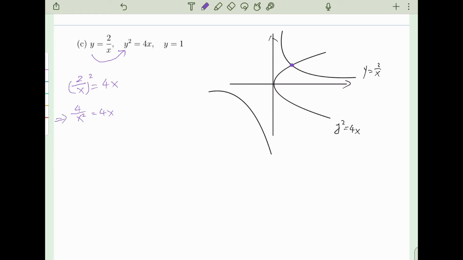The 4s cancel out, so we have 1 equal to x cubed, and then x is equal to 1. Plugging in, y is equal to 2, from y equal to 2 divided by x. So this point is (1, 2).